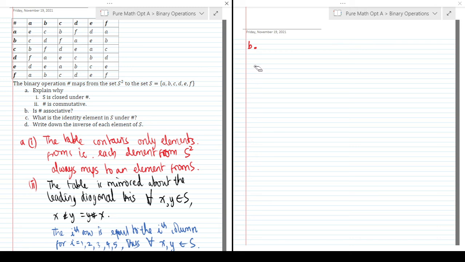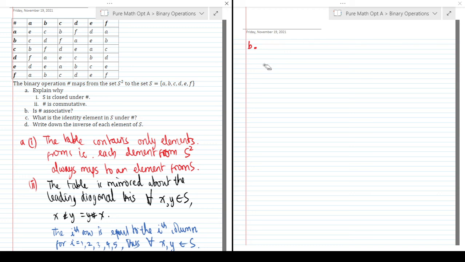So in a questioning setting, it will be a case where you get something that is not associative. Because for not associative, that doesn't have to be a set-wide property, right? If you have a binary operation that is not associative for a single combination, then that is sufficient to say it is not associative, right?